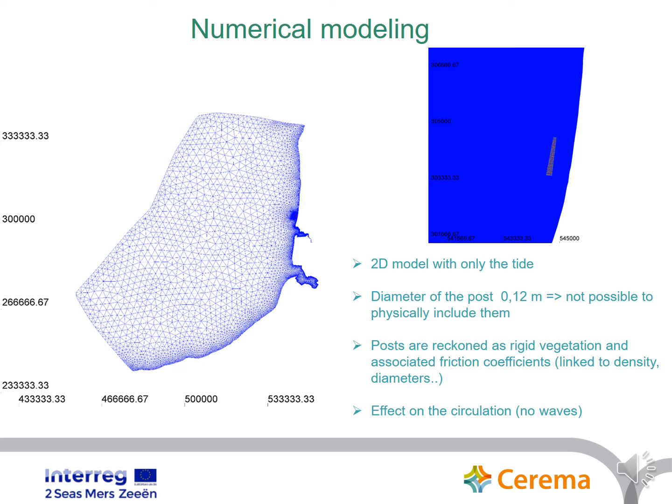We found in the literature different relationships for rigid vegetation, and we selected one where we can link the friction coefficient to parameters of the posts: the density, the height of the posts, and the diameter. Then we can see what the effect of the posts on the circulation will be.